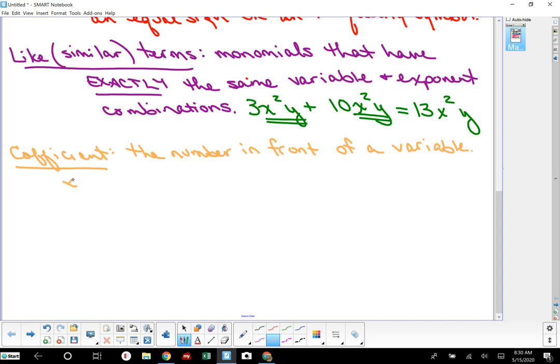Okay, and remember, so this is kind of a recall from before, that a variable with no coefficient has a coefficient value of 1.